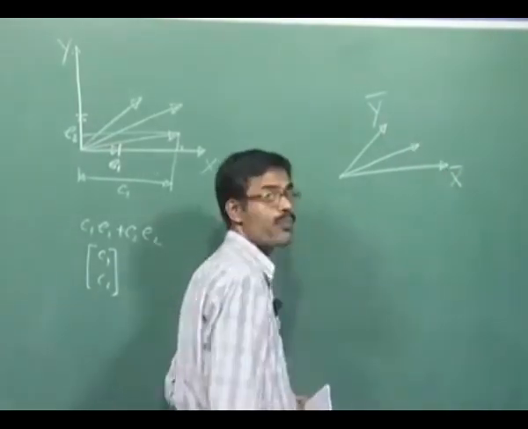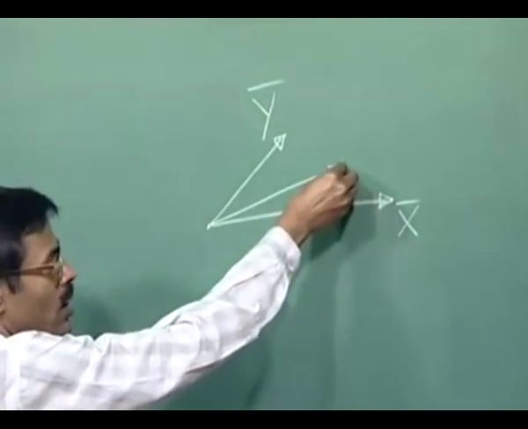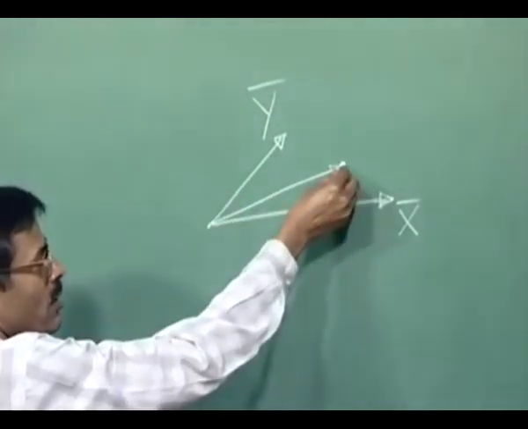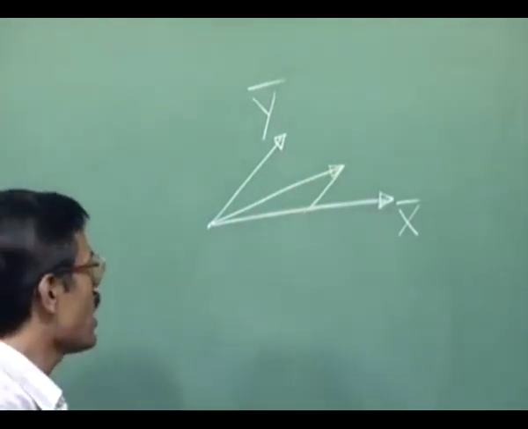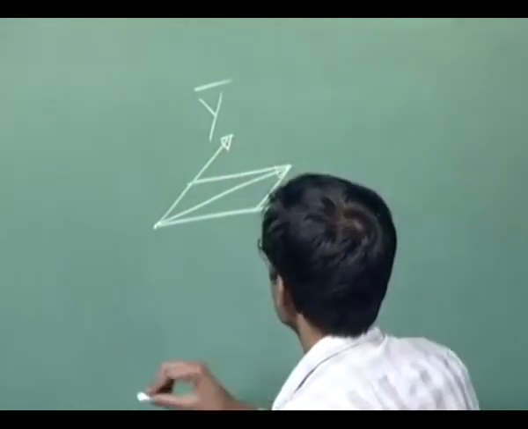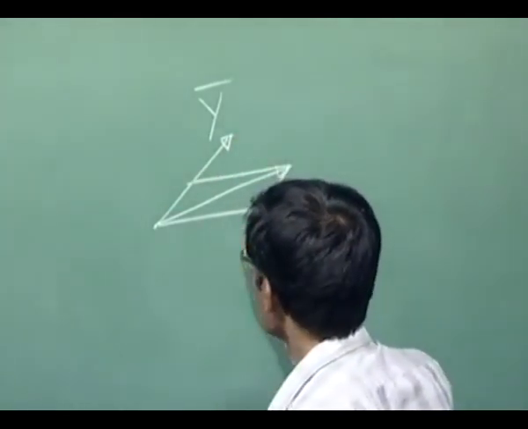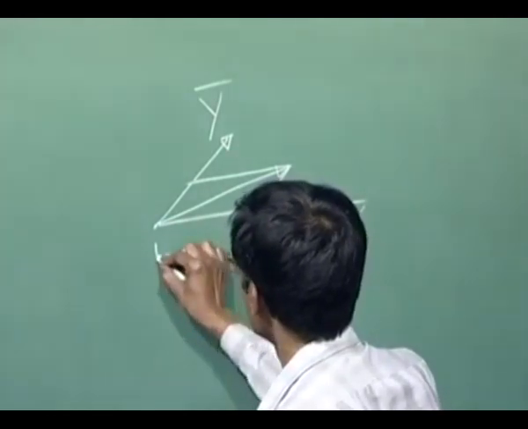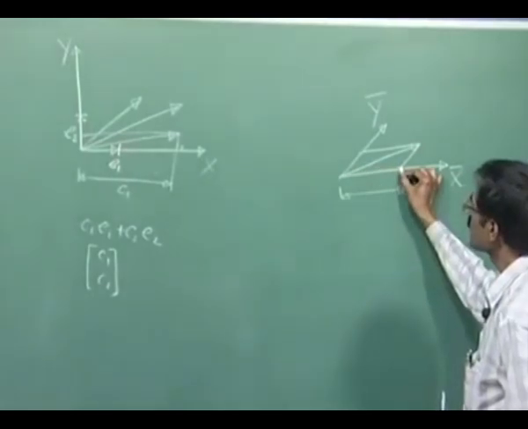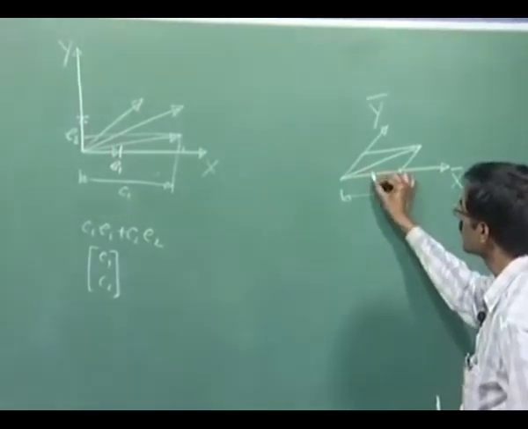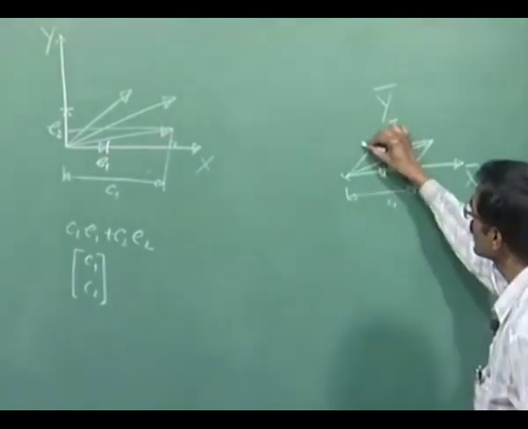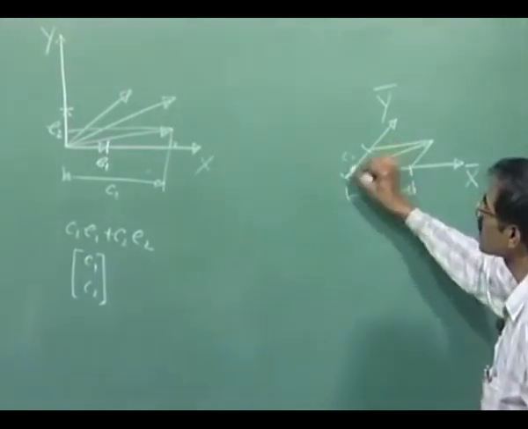For this purpose, what do we do? We draw a line from this point parallel to this, and another line parallel to this, and then this length turns out to be C1, or more precisely, this vector's length divided by the basis member's length turns out to be the first coordinate, and similarly you will have the second basis member.